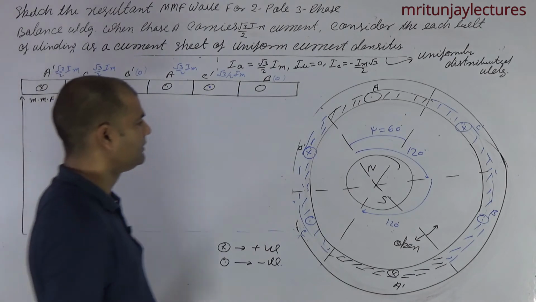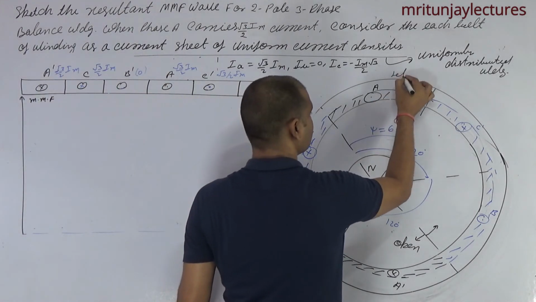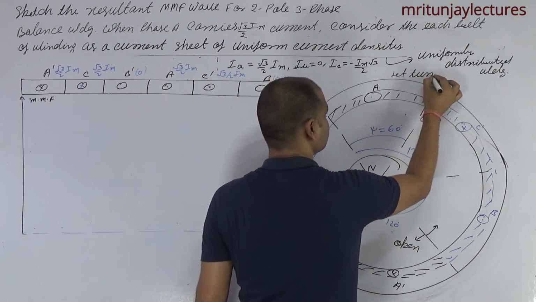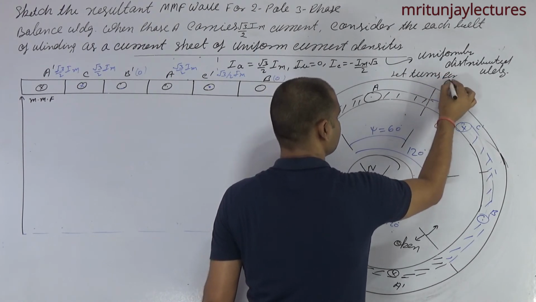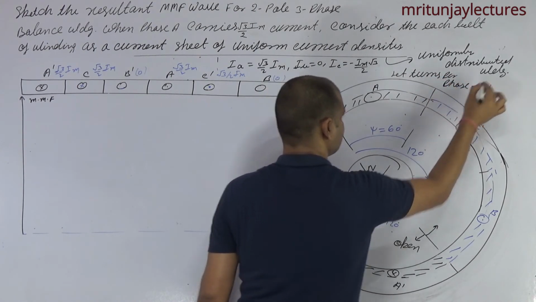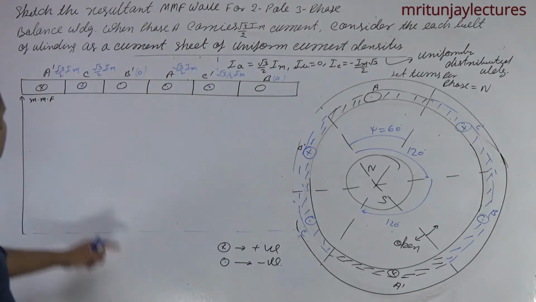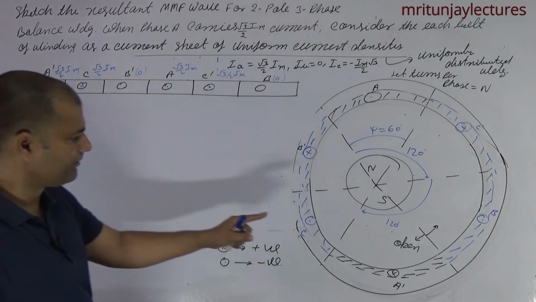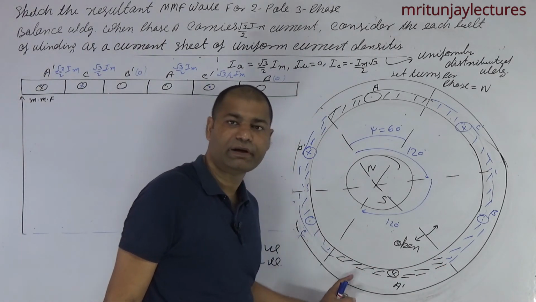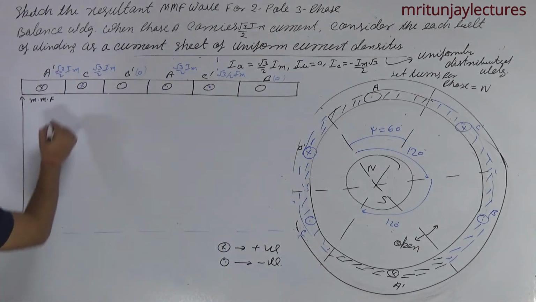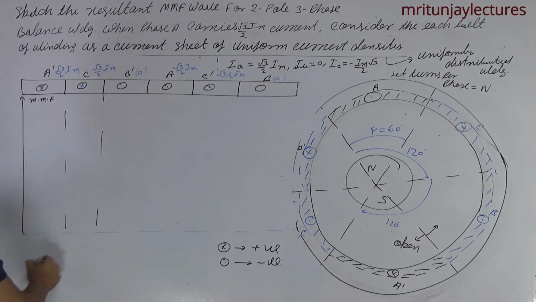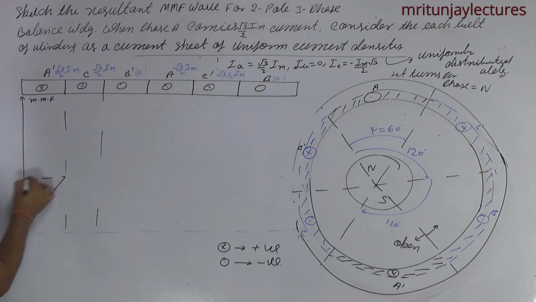Let the turns per phase be N. What about the corresponding MMF? This is a uniformly distributed winding, that is why in this region the current increases, corresponding to root 3 Im into N divided by 2 MMF, like this.